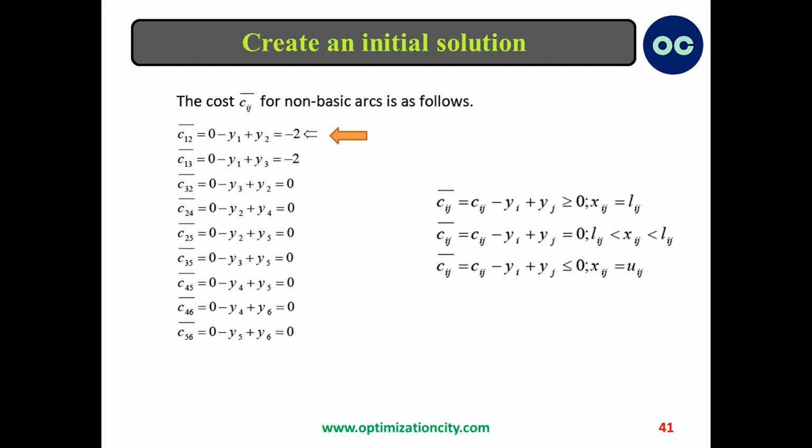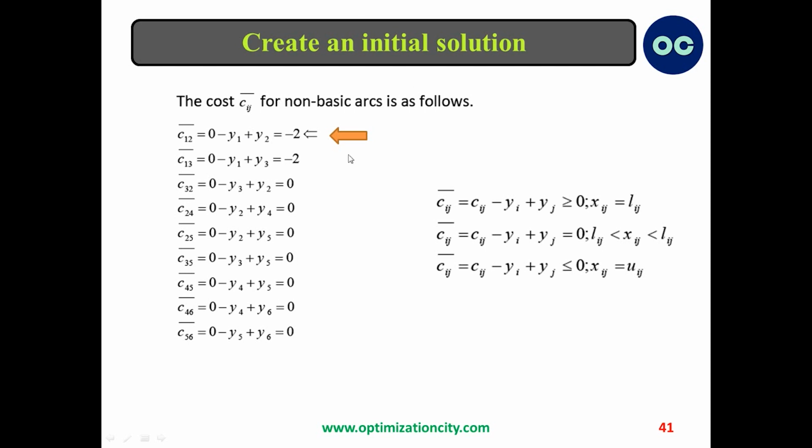The Cij bar for all non-basic arcs is as follows. Because arc 1,2 is at the lower bound and does not satisfy the optimality condition, it enters the base.